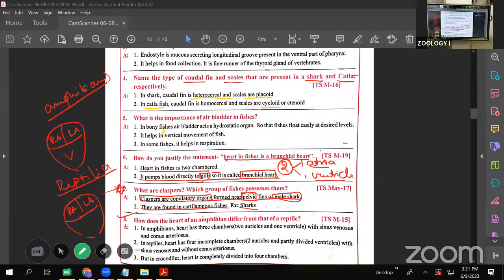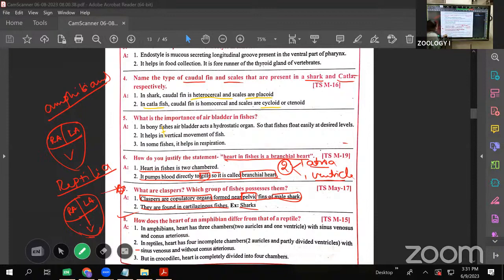See this one? Incompletely divided. The ventricle is not completely divided, so not fully four chambers. In amphibians the ventricle is not divided at all, but in reptiles the ventricle is partially divided. That is the difference between the amphibian heart and the reptilian heart.